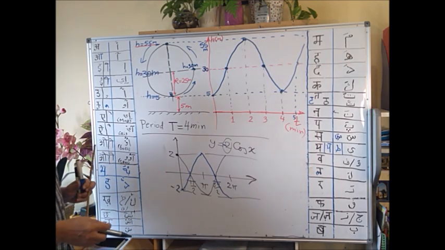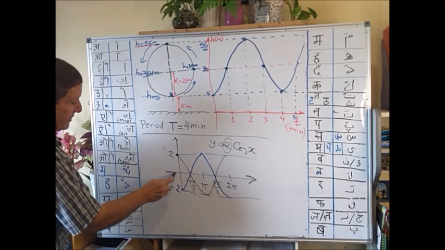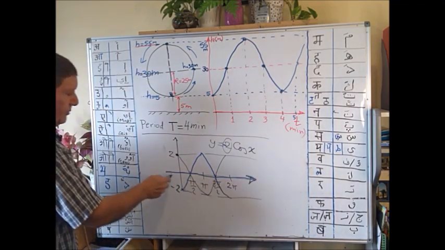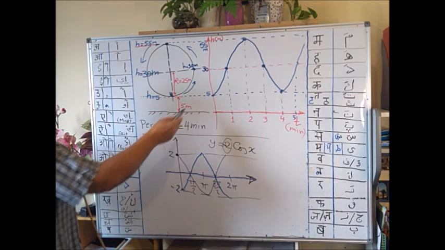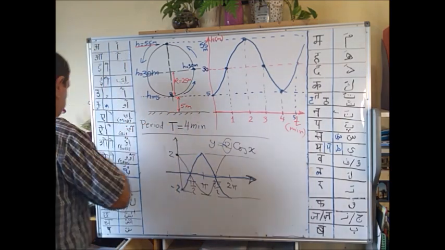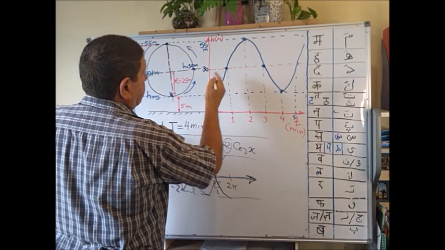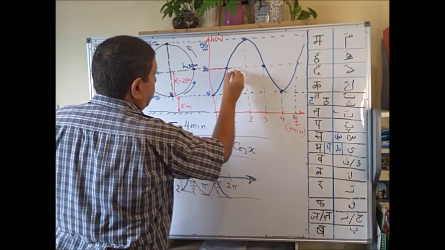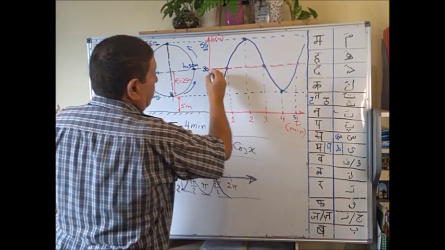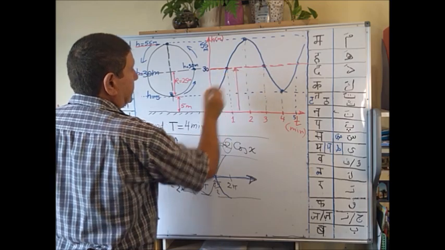But comparing now to this one, you can see that the center line of the basic cosine graph is the x-axis, that is y equals 0, but here it is not. The center line is this one, h equals 30.